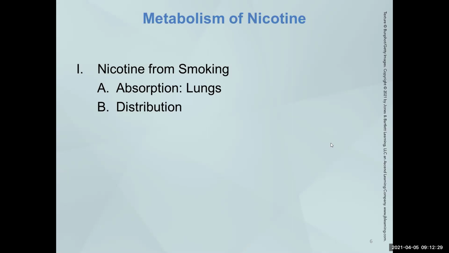After 24 hours, it's dissipated through the system. But smokeless tobacco users experience nicotine blood plasma levels similar to the nicotine blood plasma of smokers, but at a much greater concentration. It's absorbed through the intestines.